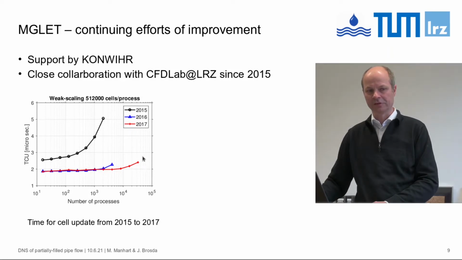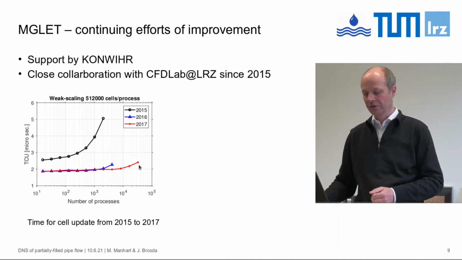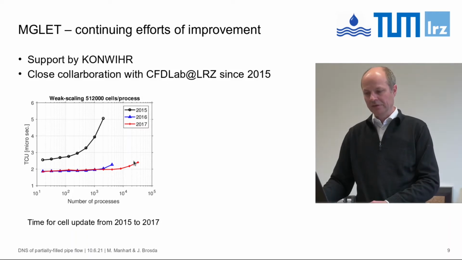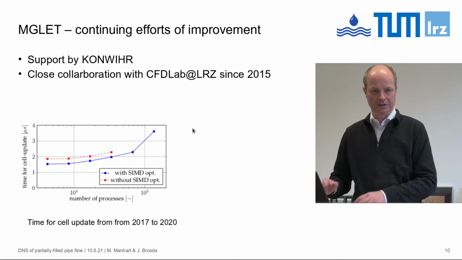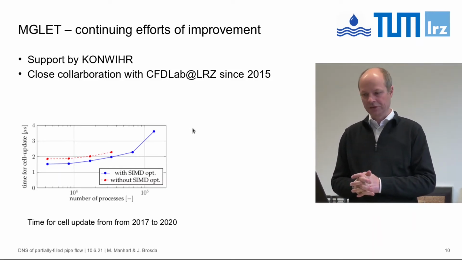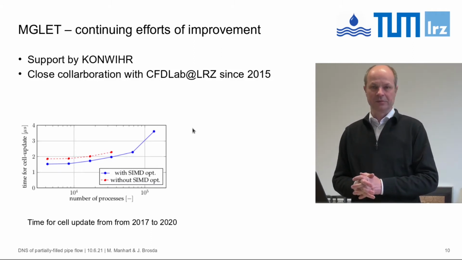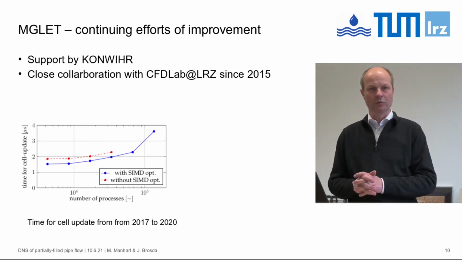However, in 2017, by applying some improvements of the MPI communication, we are able to use more than 10,000 cores. This even improved. Now, in the past years, we have dealt with SIMD optimization, and nowadays we can use more than 10 to the power of 5 cores in a pretty efficient way.